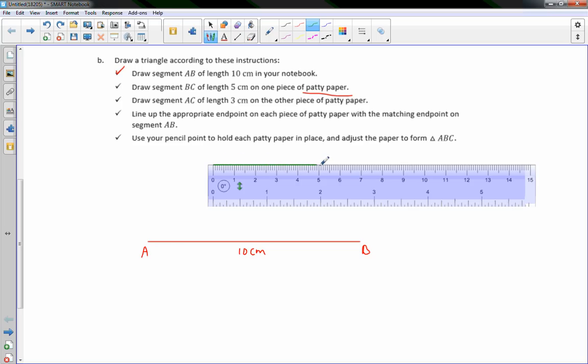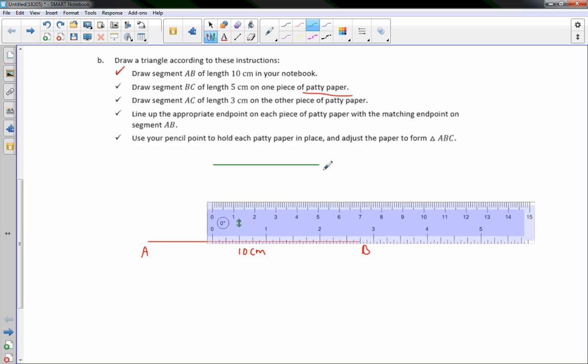So here's a segment of length 5, and that is BC, and it is 5 cm.